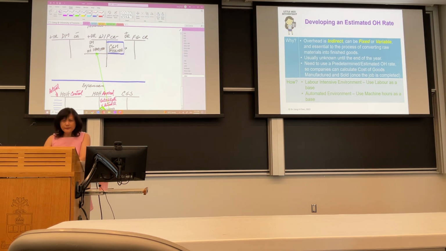I go over here. We have the beginning inventory. I add cost of goods manufactured. Inside, I have direct material, direct labor, overhead. I sold some. This is cost of goods sold. So inside cost of goods sold, I also have direct material, direct labor, overhead.